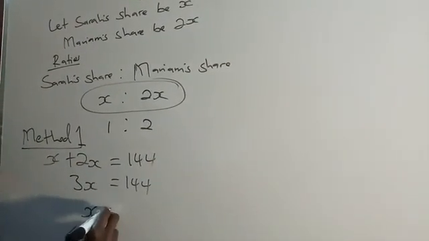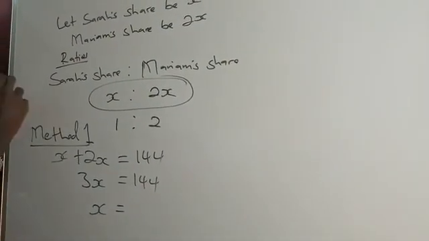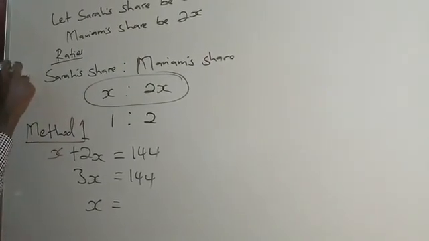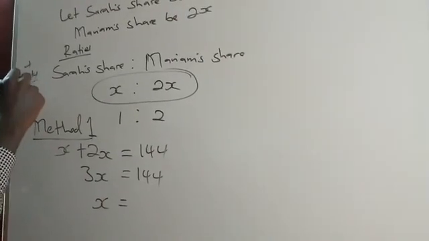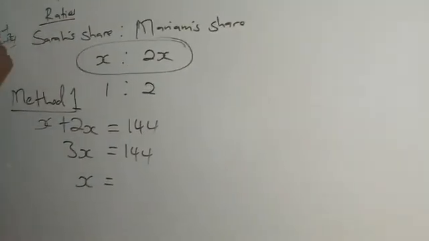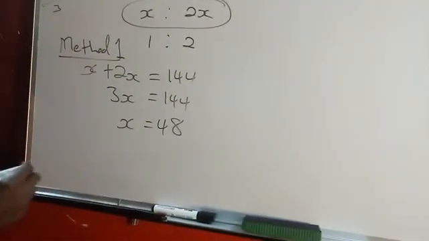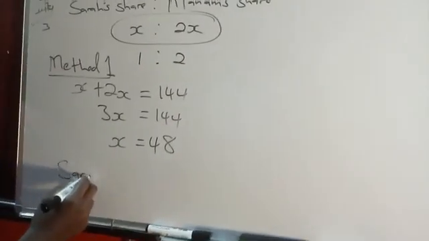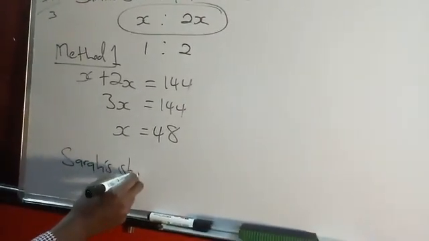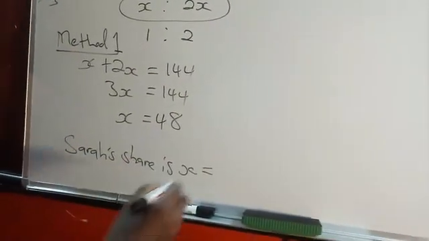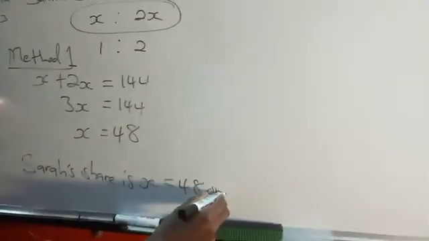So x will be 144 divided by 3, becoming 48. So Sarah's share is x, which is 48 oranges.